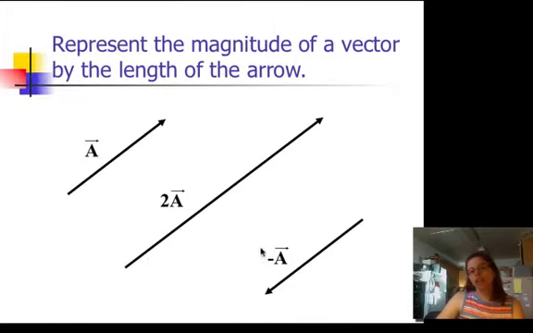To get vector negative A, we use the opposite direction. How do you think vector 1/2 A would look like? Approximately like that.